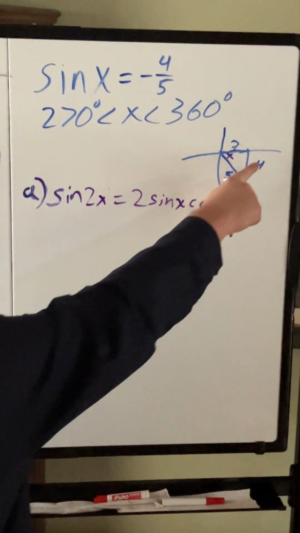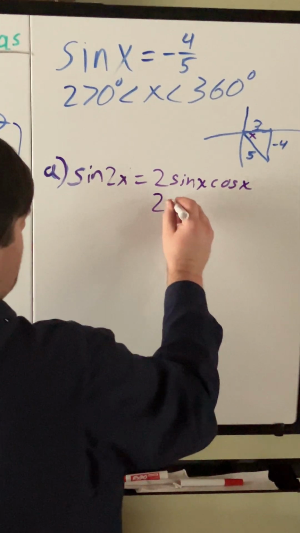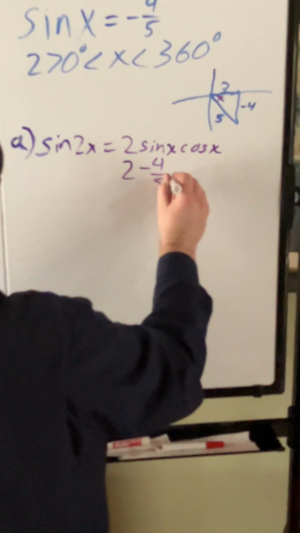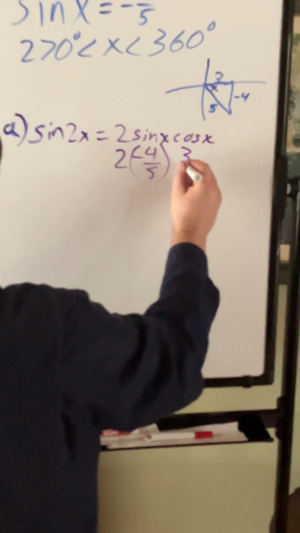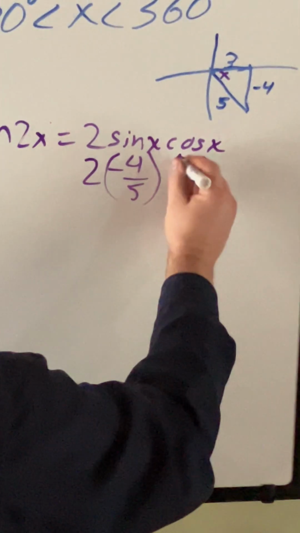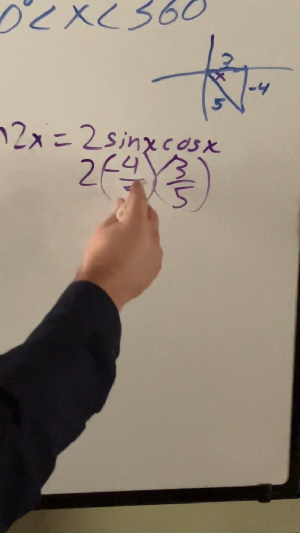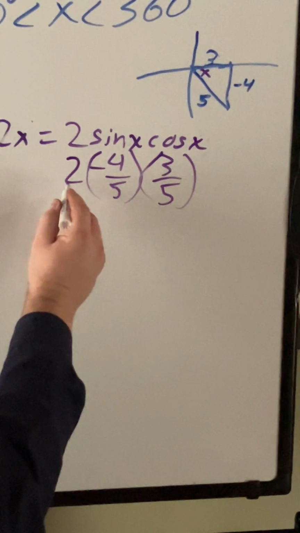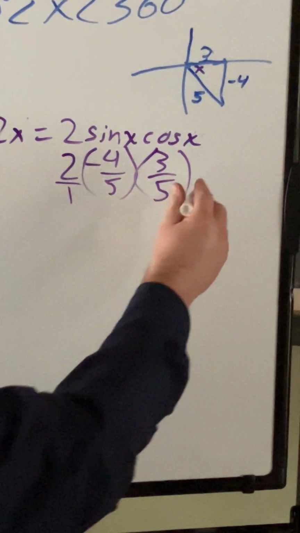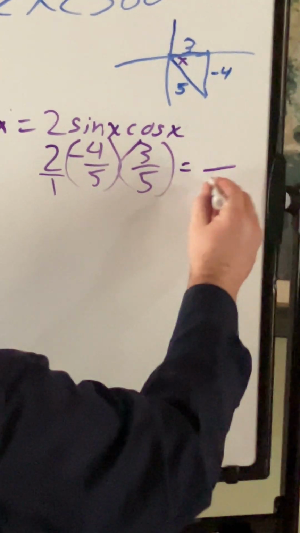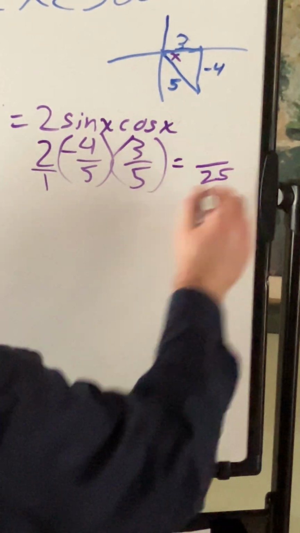Well, sine x, we already know that, is -4/5. And cosine x is 3/5. So we got 2 times this times this. Remember, that's helpful to think of 2/1 sometimes. So our denominator is going to be 25, 5 times 5.